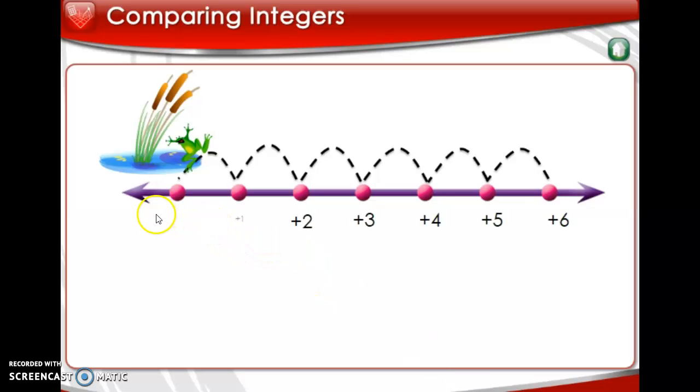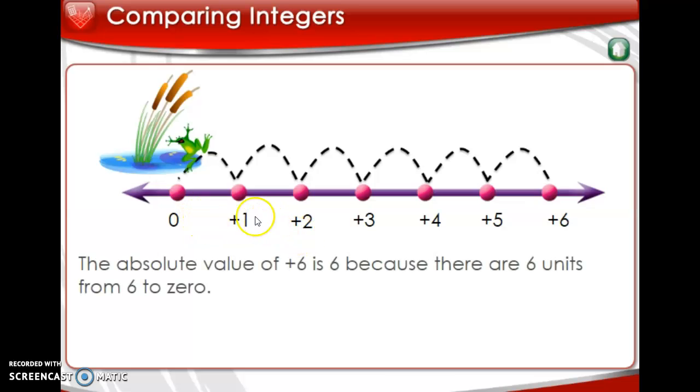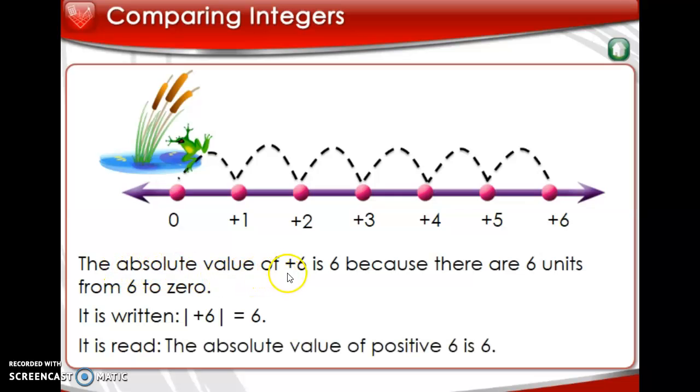Okay, let's see. The right side of this number line are positive. The absolute value of positive 6 is 6 because there are 6 units from 6 to 0. It is written like this.